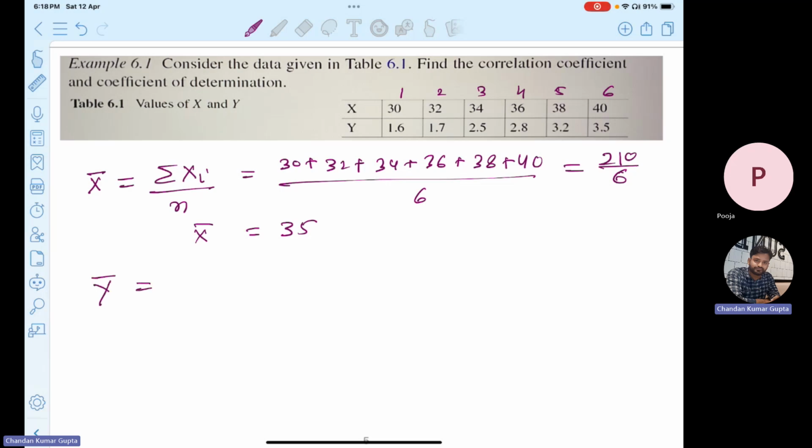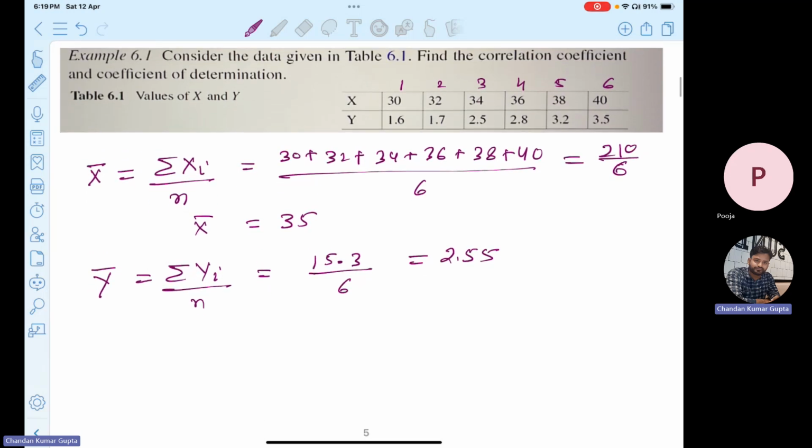The summation of yi divided by n: 1.6 plus 1.7 and so on, you need to sum those. It comes out to be 15.3, divided by 6, and after simplification it is 2.55. So these are the terms x bar and y bar.